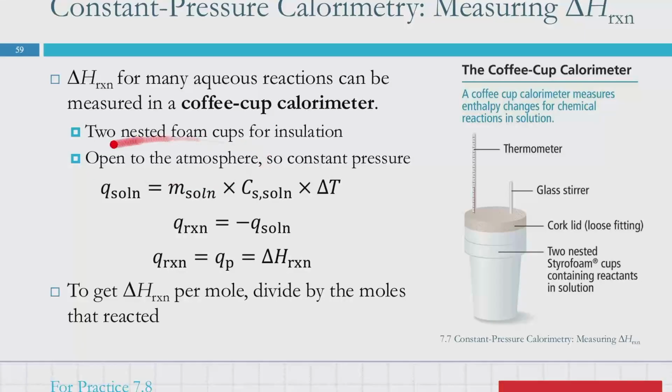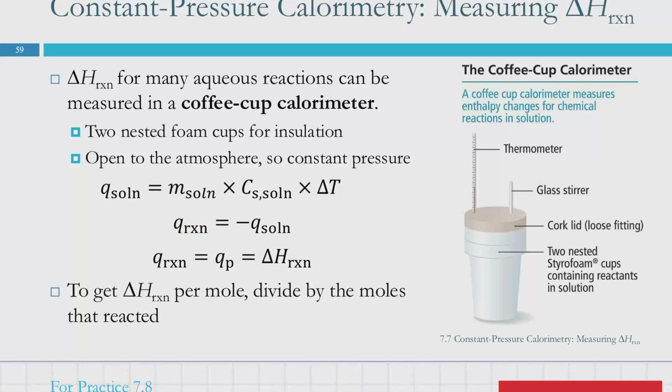If this is open to the atmosphere, then it's at a constant pressure, and our Q of our solution is going to equal the mass of our solution times the specific heat capacity of our solution times the change in temperature. So if we know the mass, if we know the specific heat capacity, and if we measure how much the temperature changes, then we can figure out how much heat the solution lost, which would be the amount of heat that was produced by the reaction.